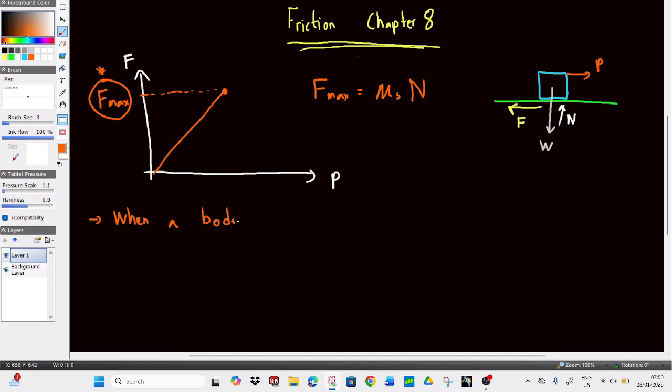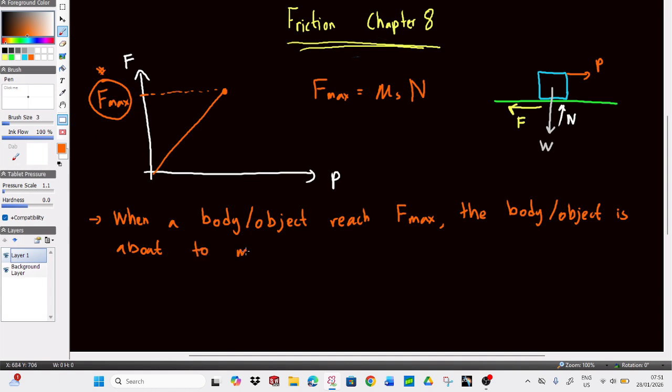When a body or object reaches F max, the maximum available static frictional force to hold it, the body is about to move.